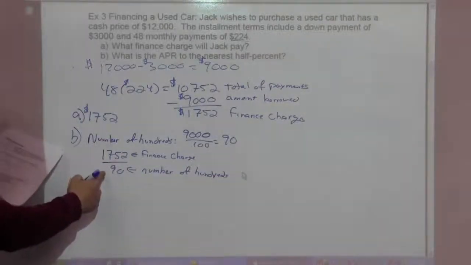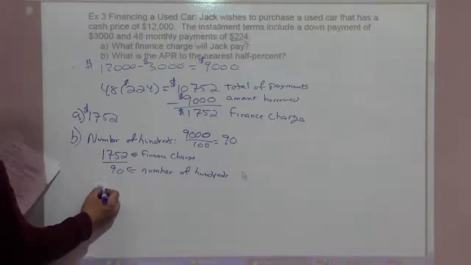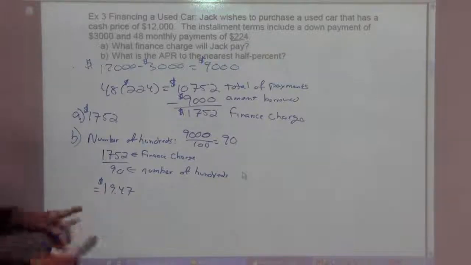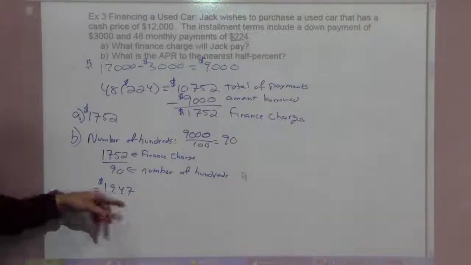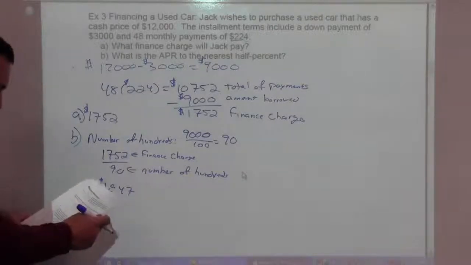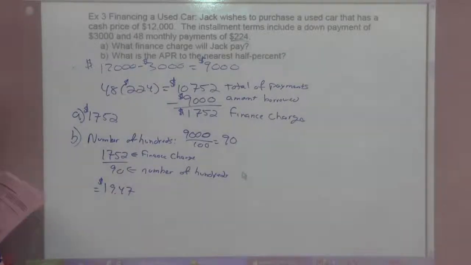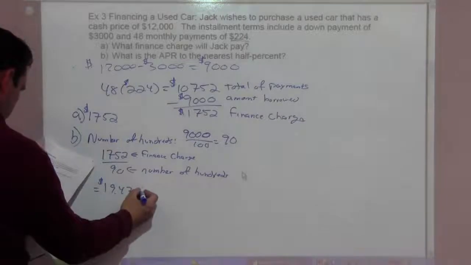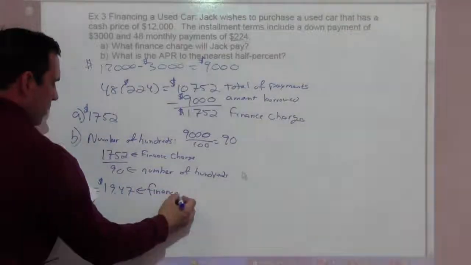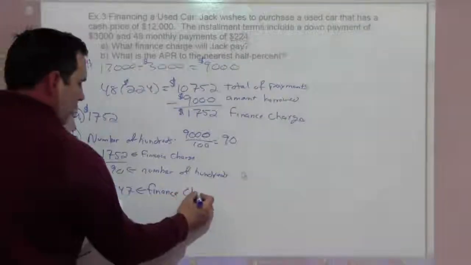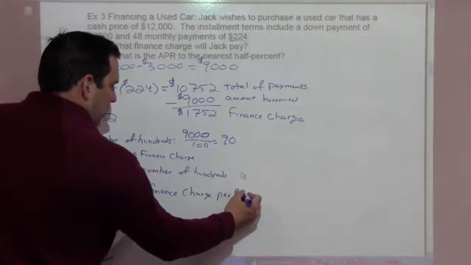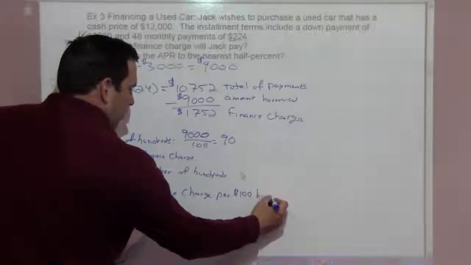What do we get from this? 19.47, so that means he's paying 19.47 per 100, and this is on a 48-month loan. That's our finance charge per $100 borrowed.